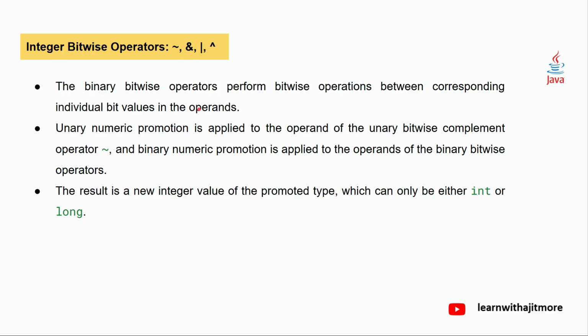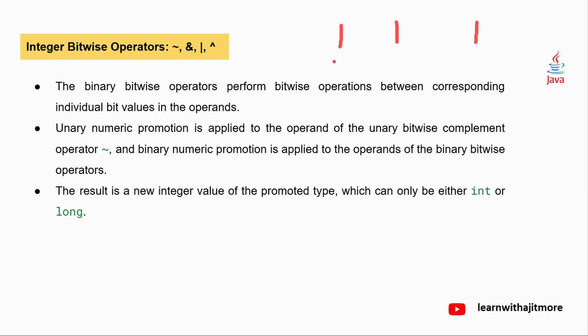Now, about AND, OR, and XOR. In AND, when both the corresponding bits are 1, the result bit is 1, otherwise 0. If one is 0 and the other is 1, or both are 0, the result is 0. In OR, if at least one bit is 1 out of the two, the result is 1.